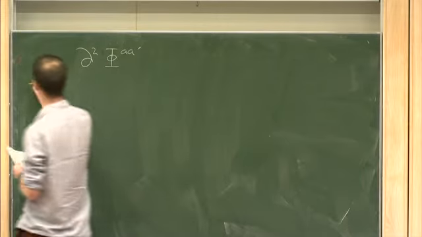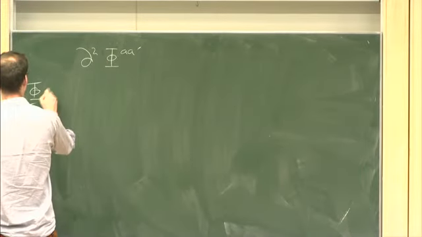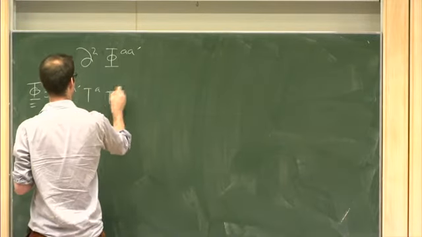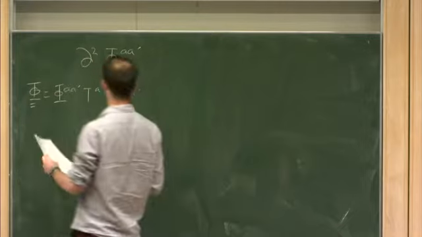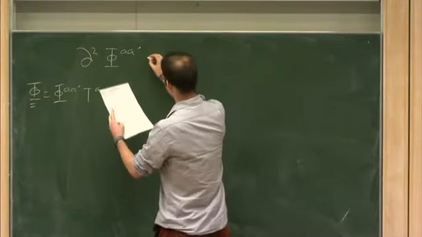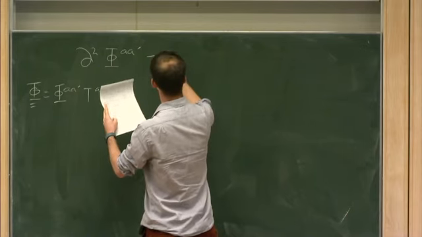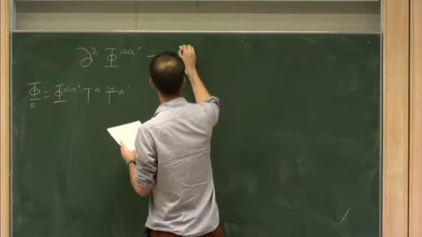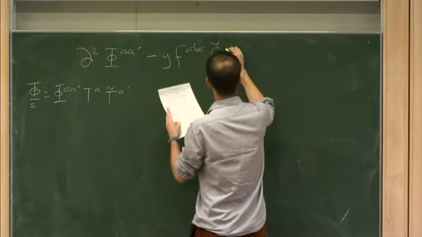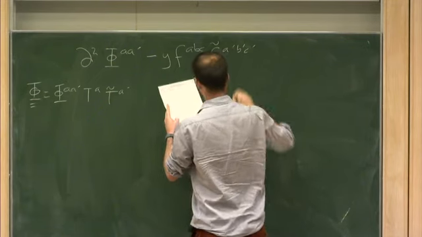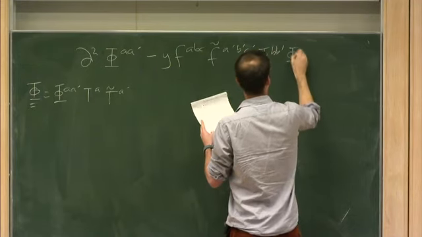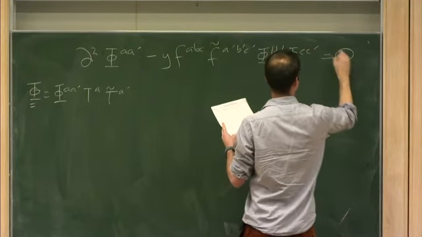So it would be some phi, which is matrix valued, phi AA prime T^A T tilde^A prime, so in principle two different Lie algebras. The field equation of this is a kinetic term and then minus a coupling constant y and two sets of structure constants and a product of fields, so it looks like this.